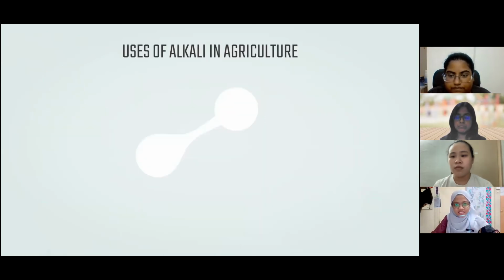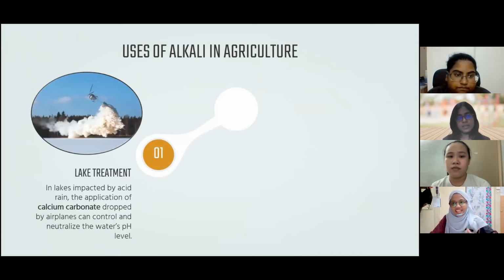For the next part, we will see the uses of alkali in agriculture. The first one is that alkali is used in lake treatment. In lakes impacted by acid rain, calcium carbonate dropped by airplanes can control and neutralize the water's pH level.